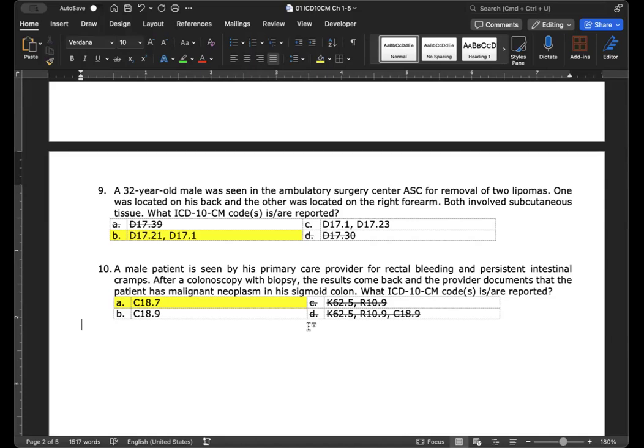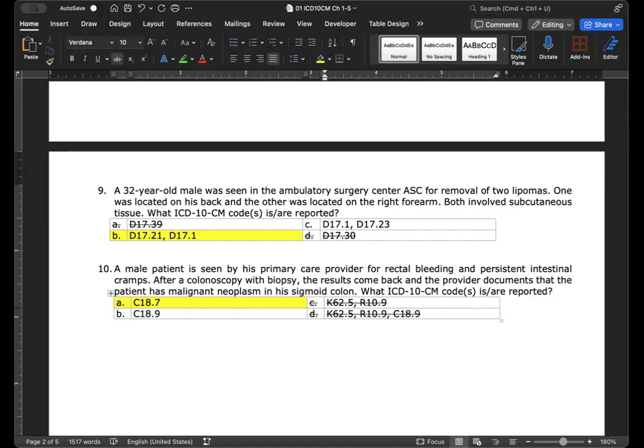Do you have the AAPC version of the book or a different publisher of ICD-10? You have Optum.